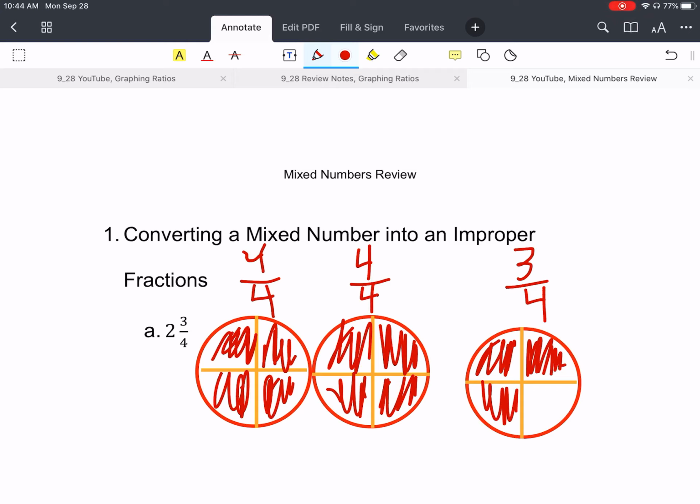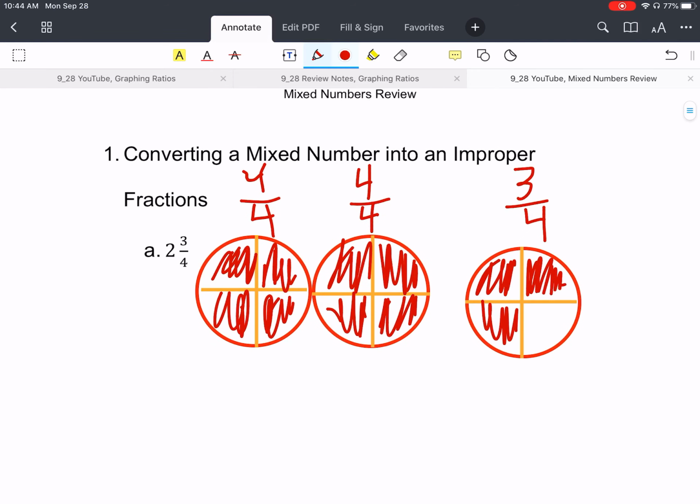So if we are converting a mixed number into an improper fraction, which means that the numerator is going to be bigger than the denominator, all we need to do is recognize that we are dealing with fourths. So that's our denominator. It's going to stay the same. And we're going to multiply that 4 times our number of whole pies.